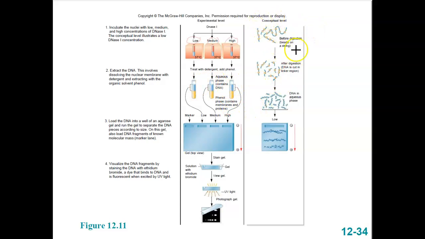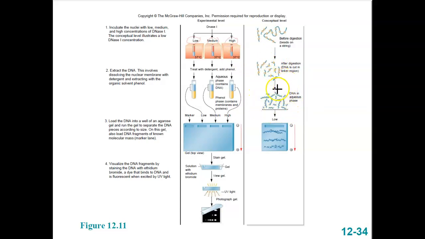So here's the DNA before digestion, or at least the conceptual level, a cartoon of what's happening. So there are your histones, the beads on a string. You're going to be digesting the string so that you should have one or maybe two beads on the string using the DNase 1. Okay, you stop the digestion.